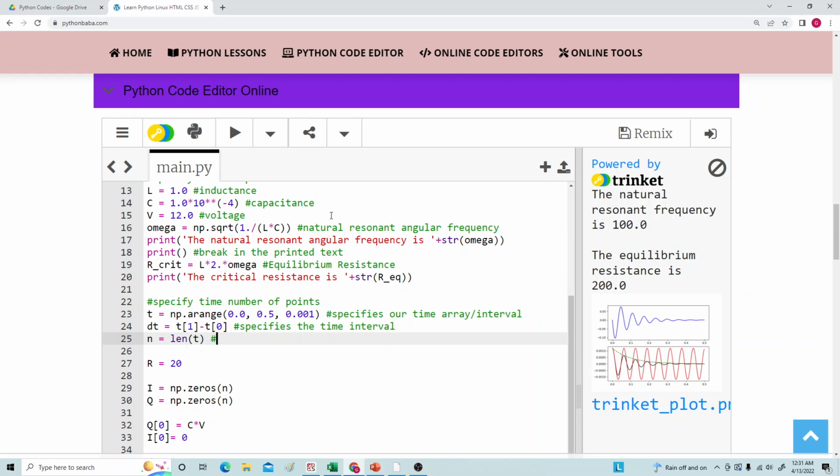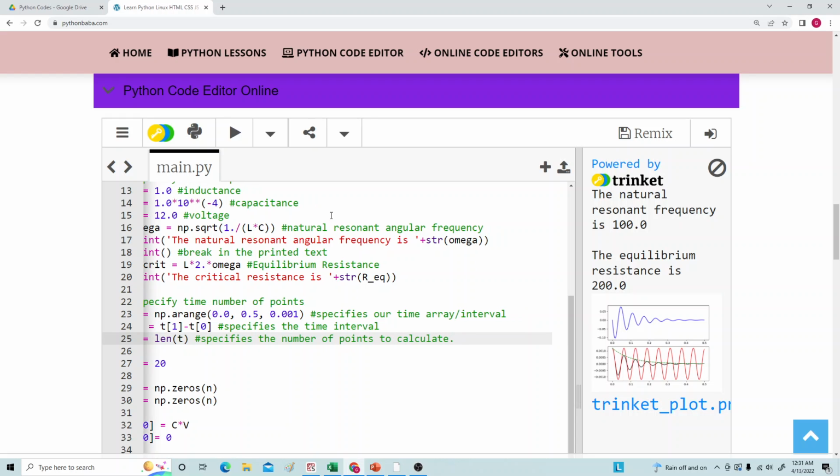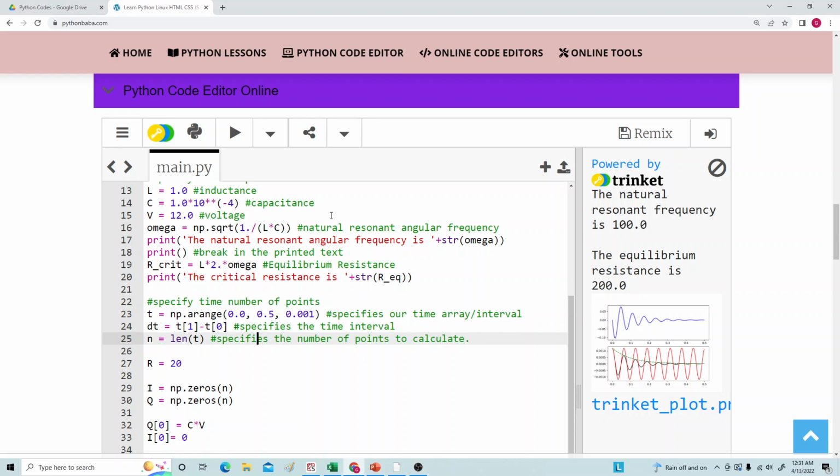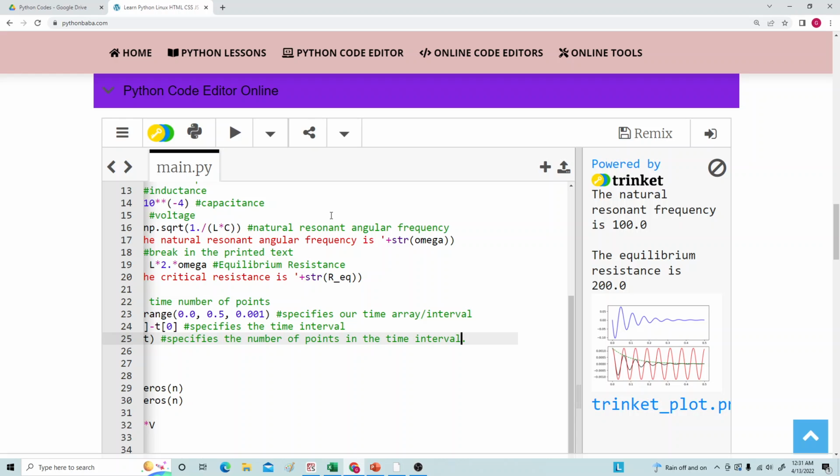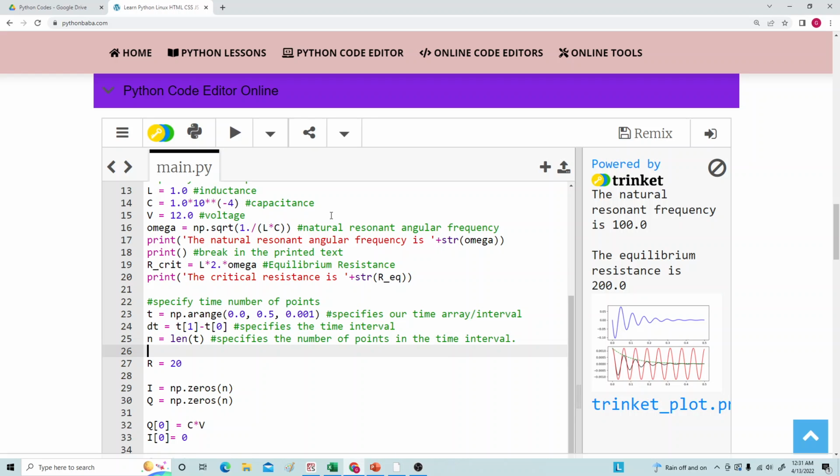And this specifies the number of points in the time interval. I really should word it like that, and we'll see why here in just a minute.